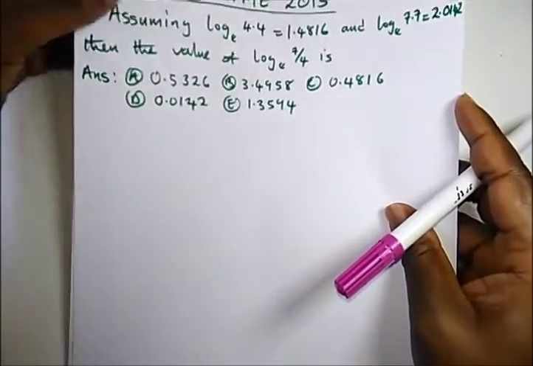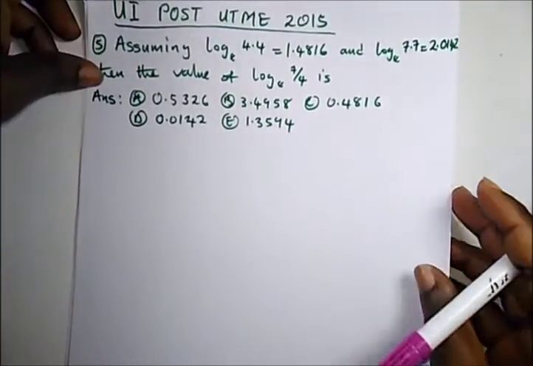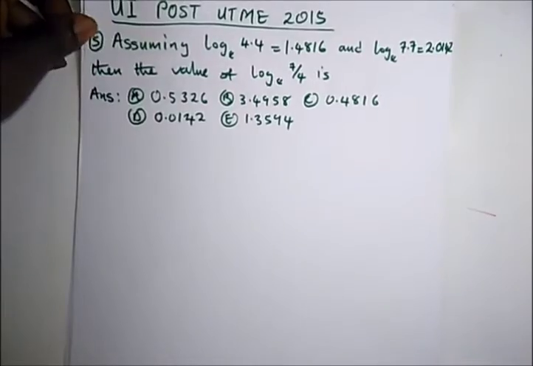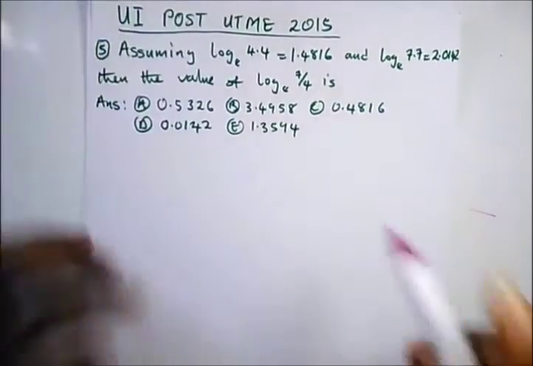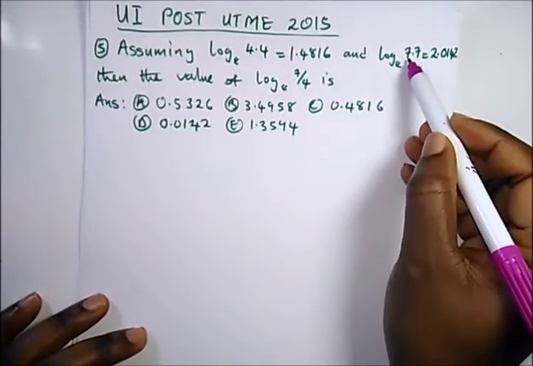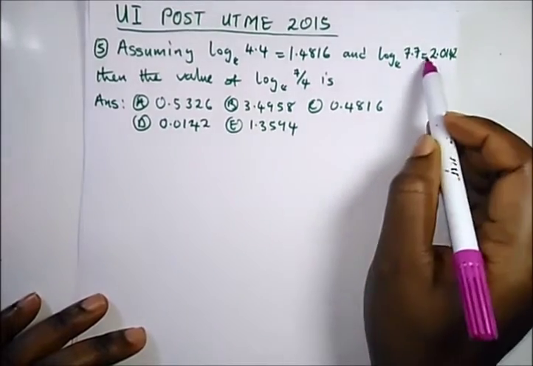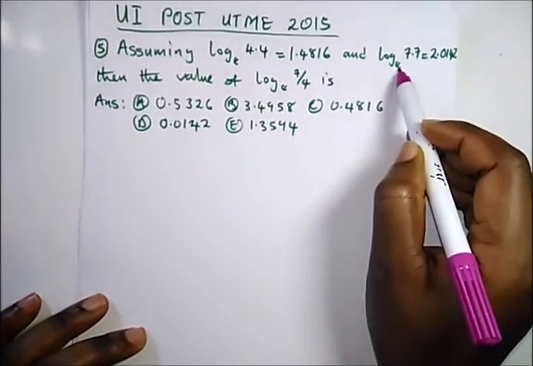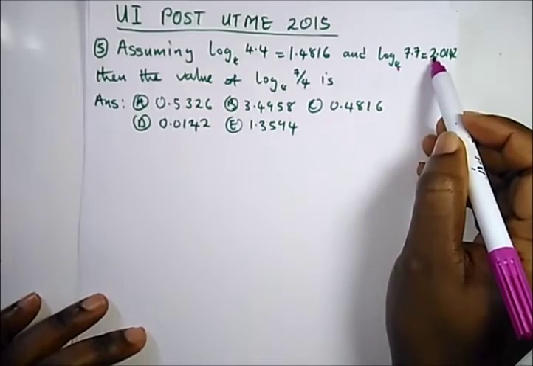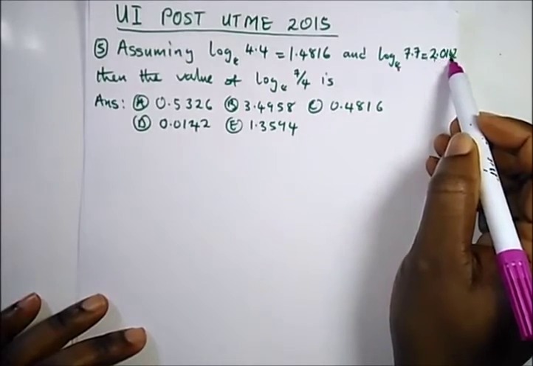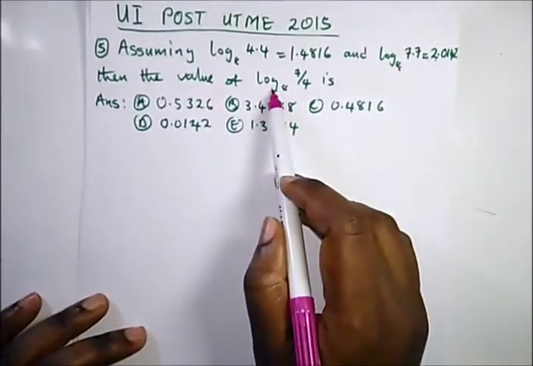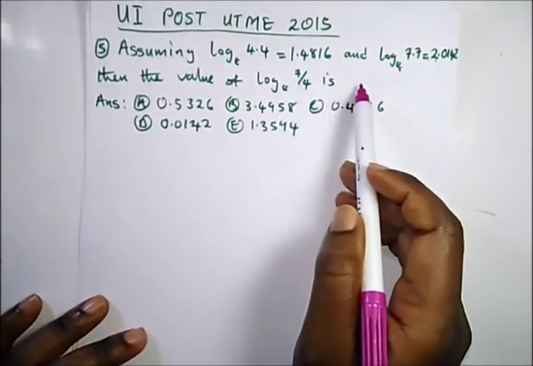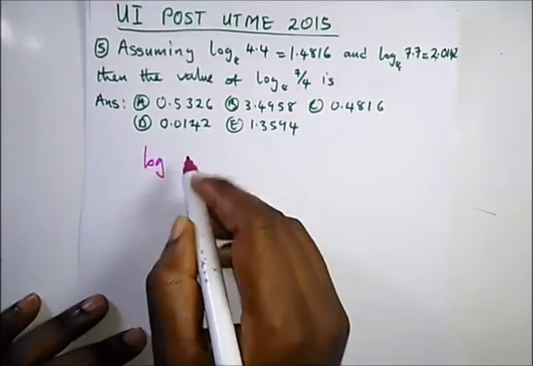Another question, that's number 5. It said, assuming log e 4.4 is equal to this, and log e 7.7 is equal to 2.0142, then the value of log e 7 over 4 is quite straightforward.